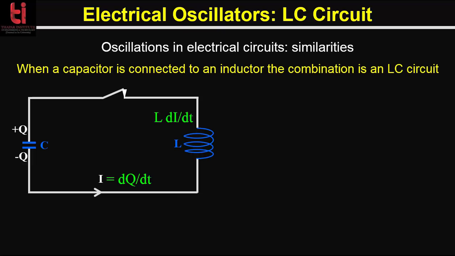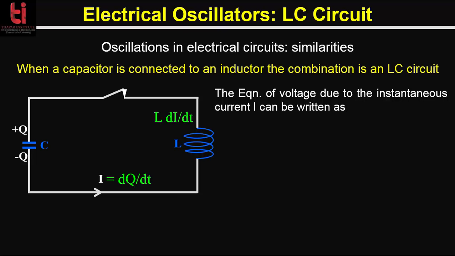Now, using Kirchhoff's law, we can analyze this LC circuit. According to Kirchhoff's law, the sum of the voltages around the circuit is equal to 0. So the voltage across the capacitor plus the voltage across the inductor is equal to 0. The equation can be written as Q/C plus L di/dt is equal to 0.